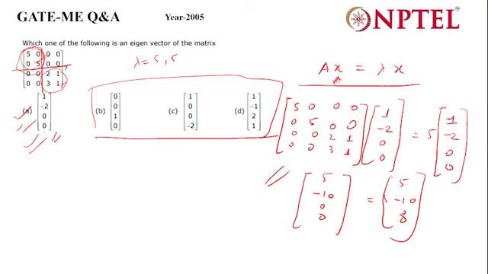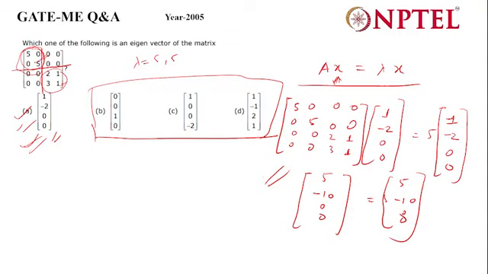Any doubts in this question? Ma'am, here we have compared with all these options for that answer. Yeah, you have to, because sometimes, suppose your first option was correct, so it came as the answer.